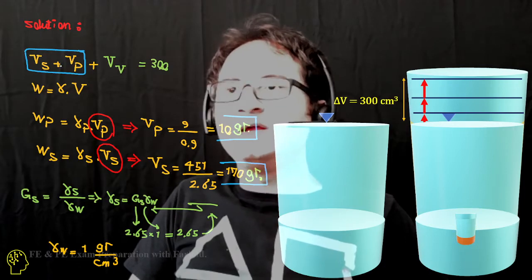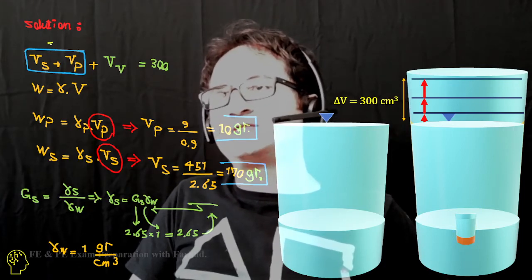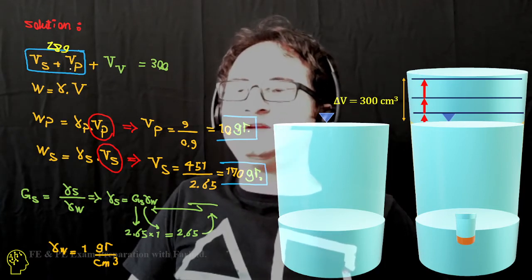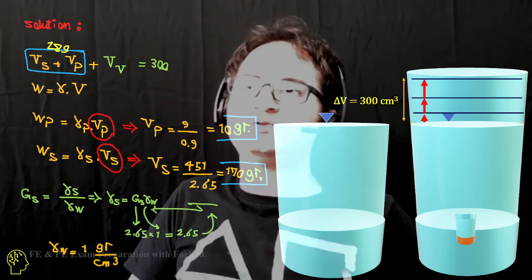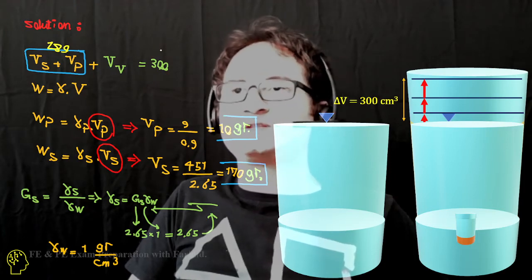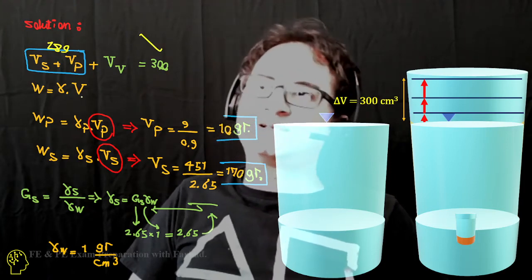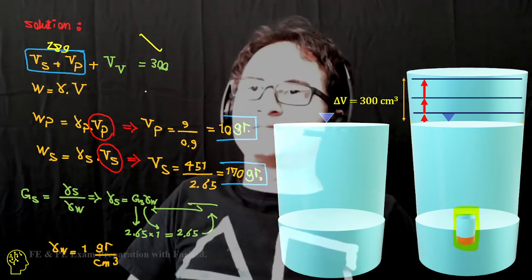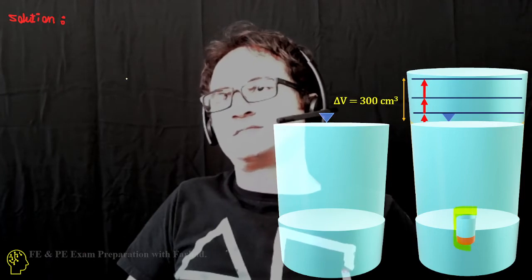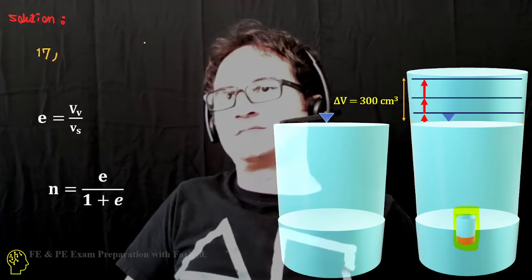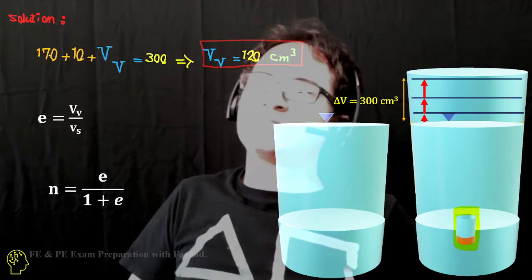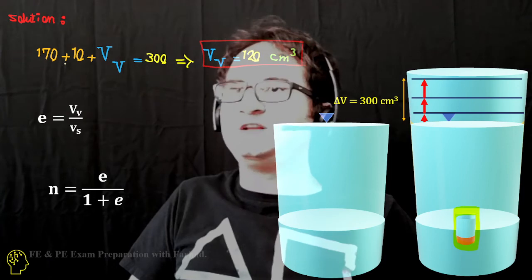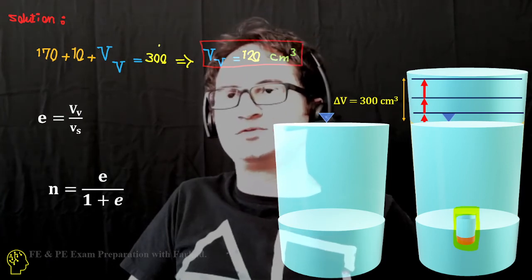If we replace the numeric values in the main formula, Vs plus Vp plus Vv is equal to 300, so 170 plus 10 plus Vv is equal to 300.